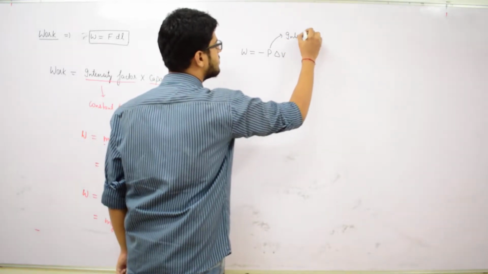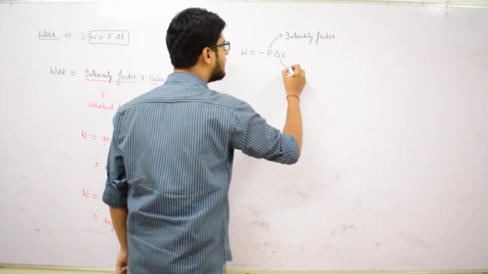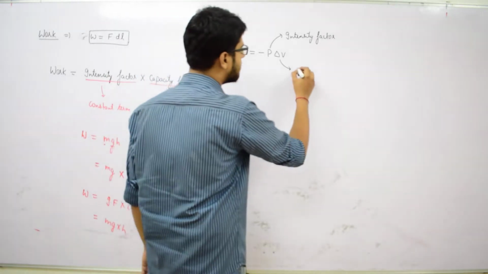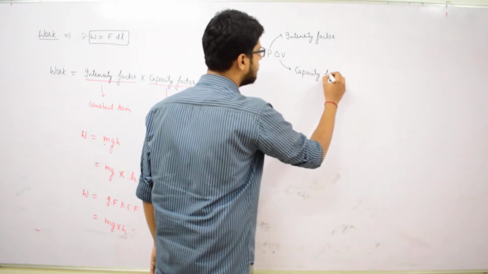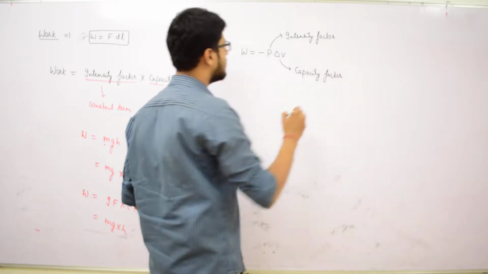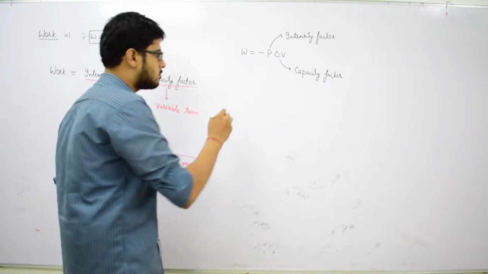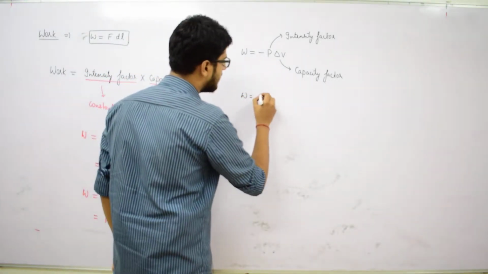P is our pressure, it is constant, it is our intensity factor, and delta V, which represents change in volume, is our capacity factor. It represents the change in volume, and more will be the change in volume, more will be the work done.